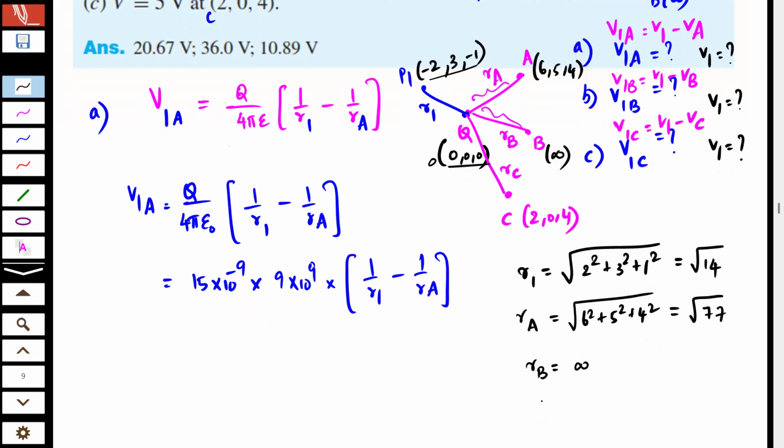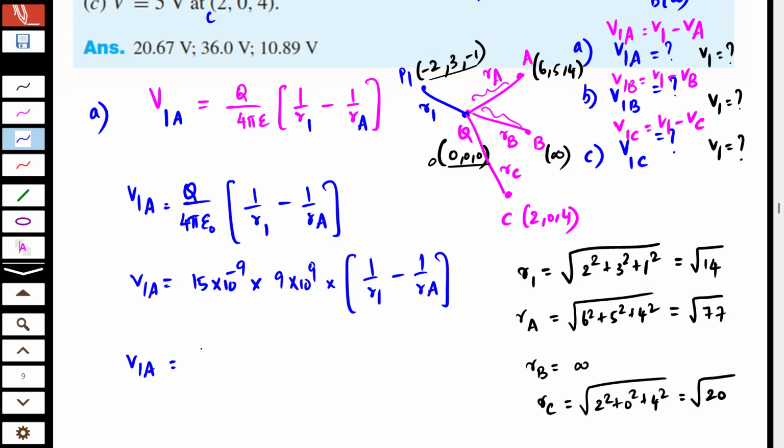Then RC should be found in a similar way. It is under root 2 square plus 0 square plus 4 square, which is going to be root 20. So we can make use of these to find the corresponding potential difference and absolute potential.